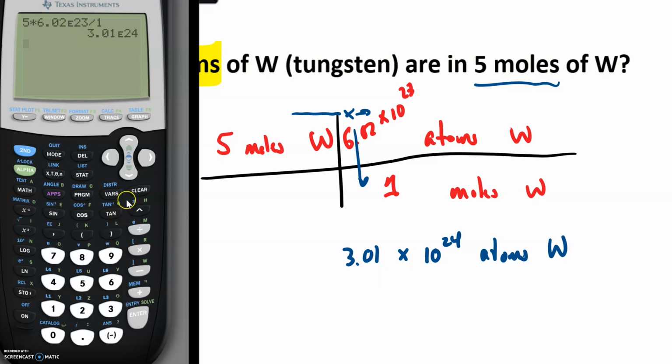If we did it in the other way, let's see if we get anything different. 5 times 6.02 times 10 to the 23rd divided by 1. See what happens?